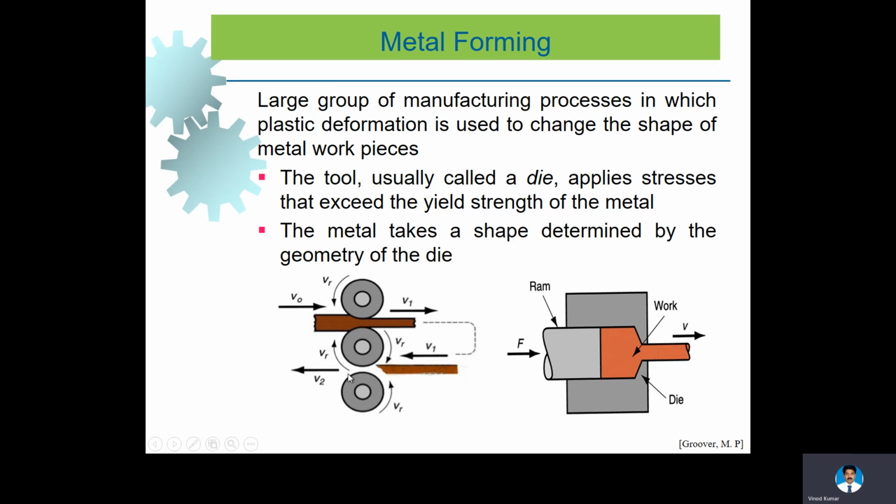For example, here, as you could see, when a ram presses the material, the material will undergo plastic deformation. It will cross its yield strength, and it will come out through the die with this particular shape. This process we call the metal forming process. In this chapter we will be studying different metal forming processes such as rolling, forging, etc.